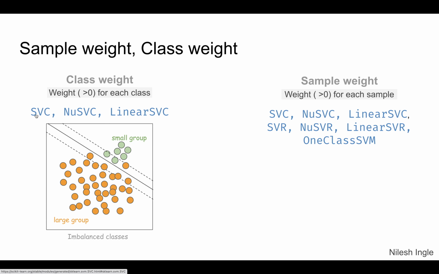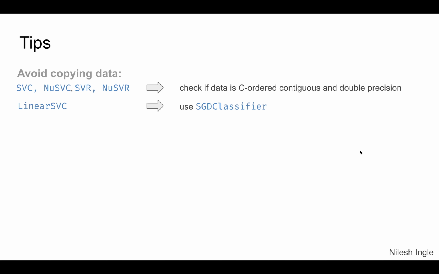Class weight is available, of course, for the classifiers: SVC, NuSVC, LinearSVC. And sample weight is available for all these methods, both the classification methods as well as the regression methods, and also the one class SVM that you could use to find the outliers.